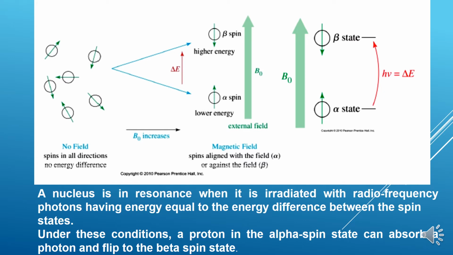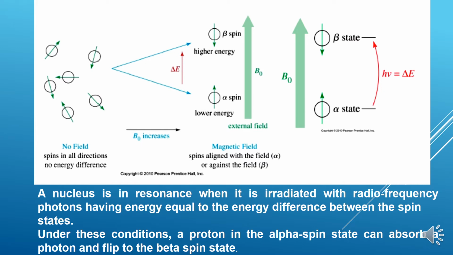A nucleus is in resonance when it is irradiated with radio frequency photons having energy equal to the energy difference between the spin states. Only then can one expect resonance. Under these conditions, a proton in the alpha spin state can absorb a photon and flip to the beta spin state. For any transition, as I told in IR spectroscopy and UV spectroscopy also, an energy requirement is compulsory.